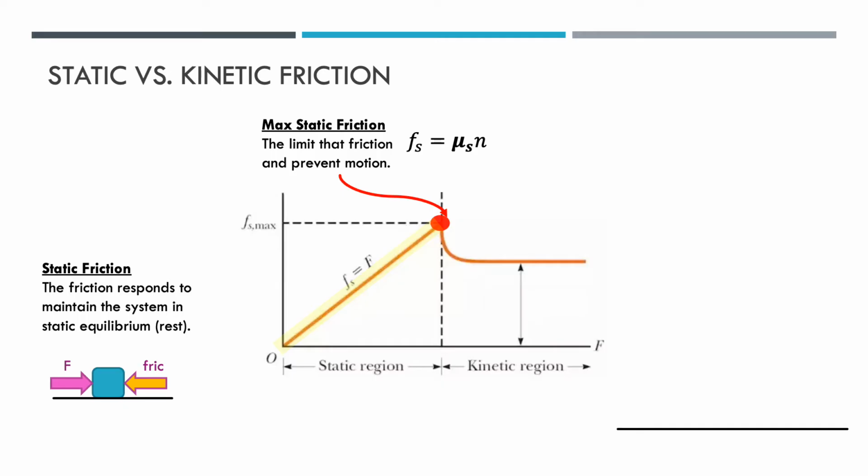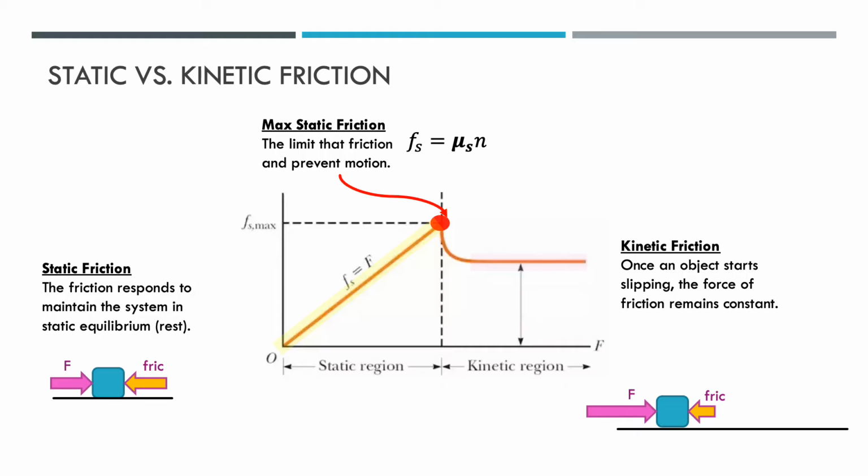Once the object slips, then we are in the kinetic friction zone. And that's when you see a drop in the frictional force. So in that case, the frictional force is smaller than it was before, and the object is now moving. For kinetic friction, it's the same equation as the other one, except the subscripts have changed.